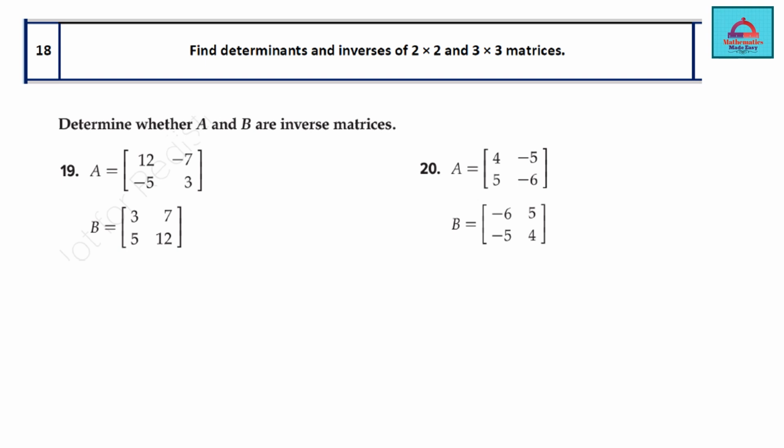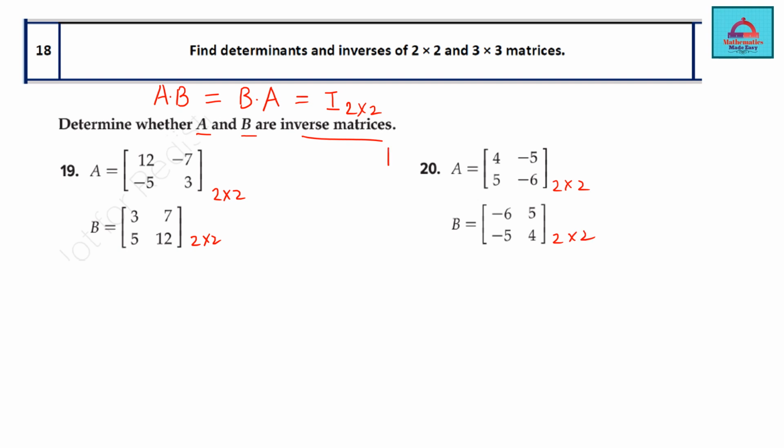Here I'm going to use the concept that if the two matrices A and B are inverse matrices of each other, then when I take the product A multiplied by B, where A is the first matrix and B is the second matrix, or I change the order, take the product of B matrix with A matrix, where B is first and A is second, then both of them will come out to be I, or the identity matrix. Now here both the matrices that you see are 2 cross 2 order, so I'm talking about the identity also having 2 rows, 2 columns. Okay, so let's check one by one.